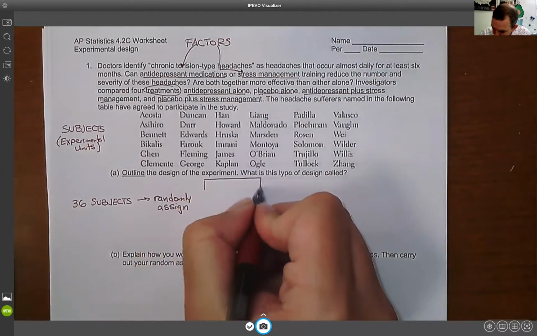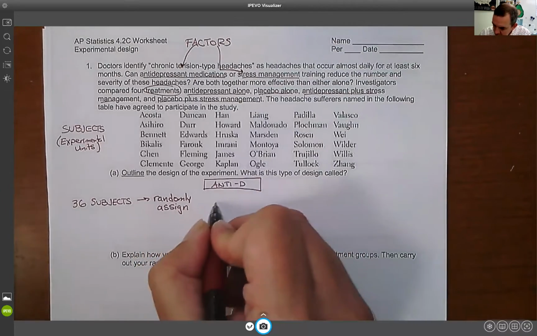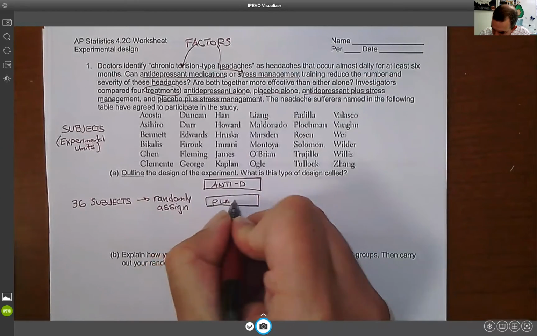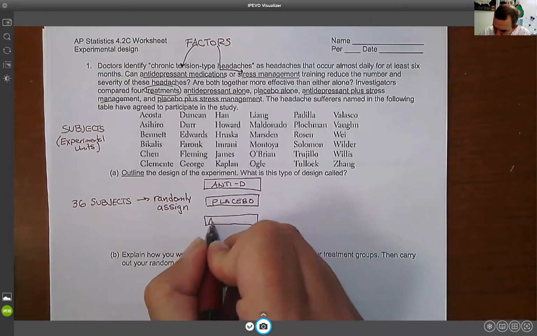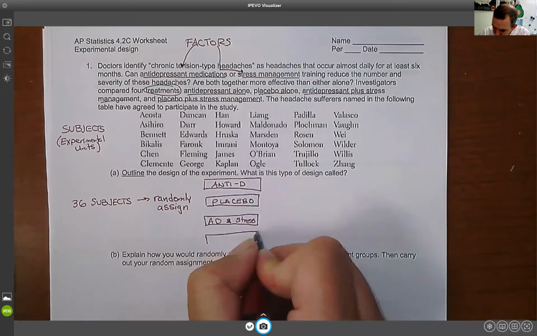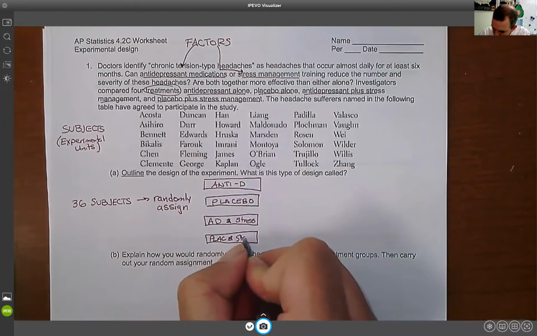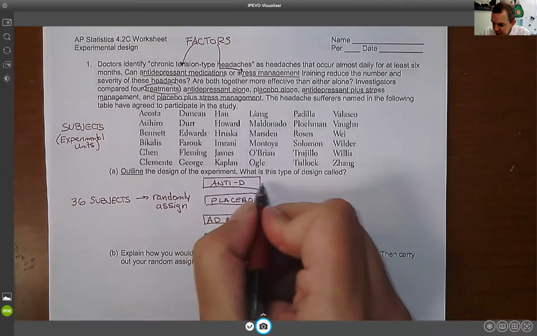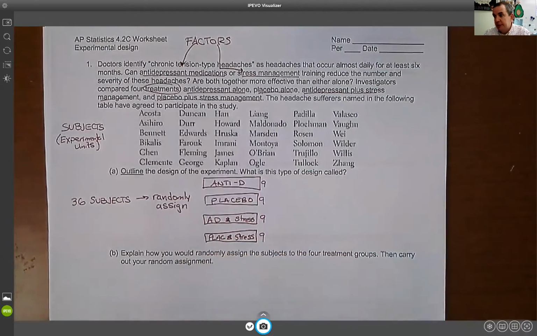Again, we'll have antidepressants only, placebo only, antidepressants and stress management, and placebo and stress management. Ideally, we'll try to make the groups as equal as possible. Realistically, I'm going to put 9 people in here, 9 people in here, 9 people in here, 9 people in here.